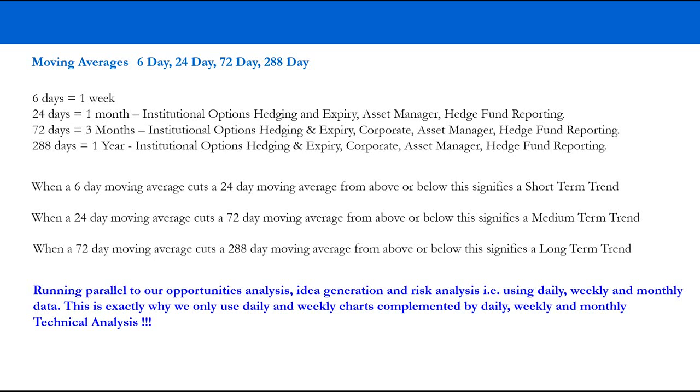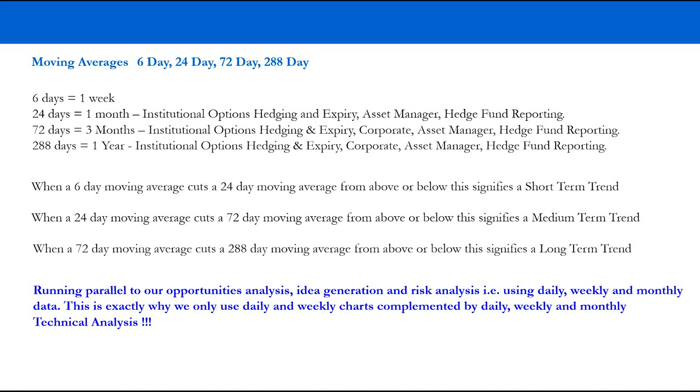And if we want to look at volatility in this way, then we're not obviously looking at hourly charts. What we need to do is obviously line up our volatility analysis and our technical analysis and make that run parallel to each other.